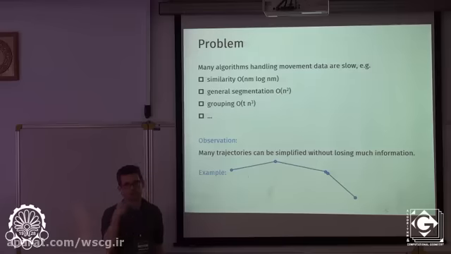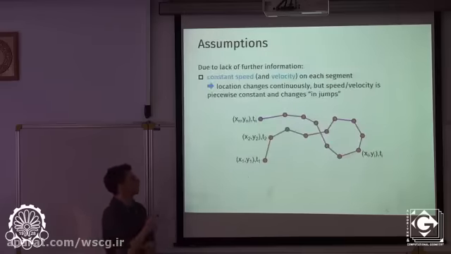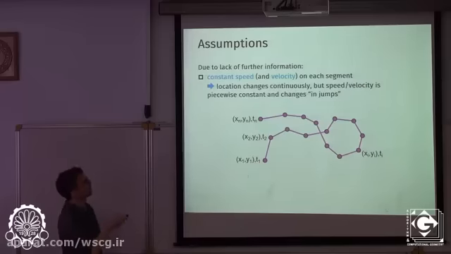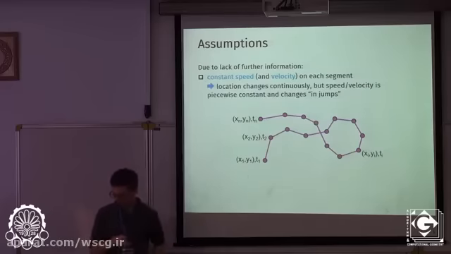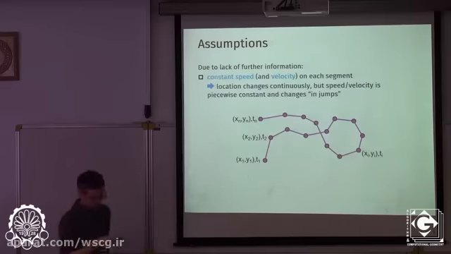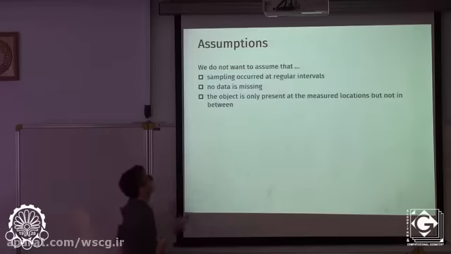Let me come back briefly to what assumptions we are making about our input. We look at trajectories from this perspective, that we have these data points and we line them up, essentially getting a polygonal curve. There are some assumptions we do not want to make.